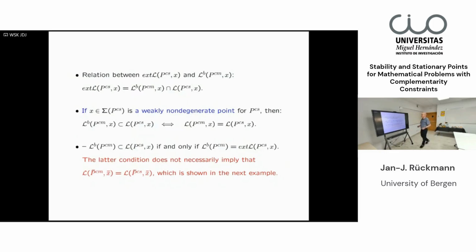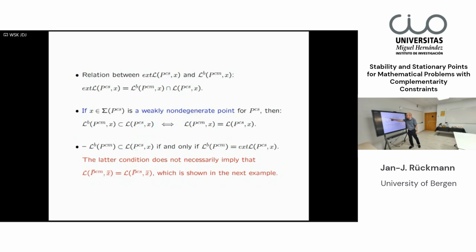The question now is that, remember, the set of Lagrange multipliers for S stationary points is convex, but this is not convex in general. And the question is now, where is the relationship between these two things? Can we use this relationship in order to look at the extremal point set for this convex set?